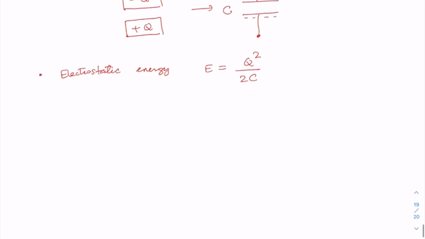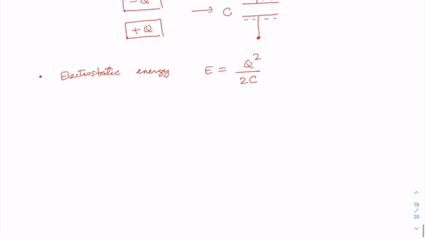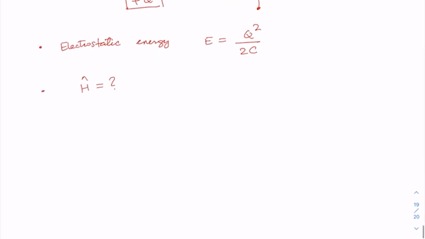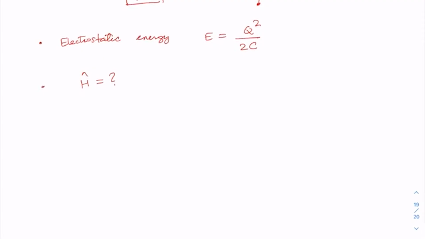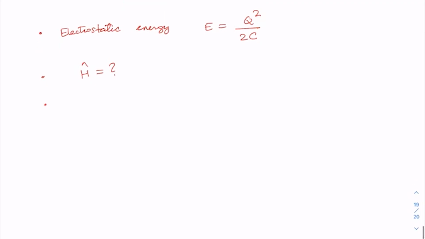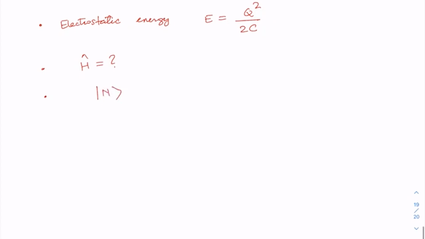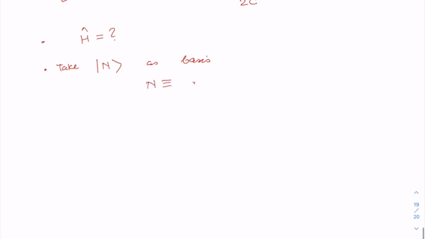Then the first question is, what is the Hamiltonian H? So first of all, we have to write down the Hamiltonian. Now to write it, naturally we have to select a basis. So we can select ket N as our basis, where N refers to the number of Cooper pairs.